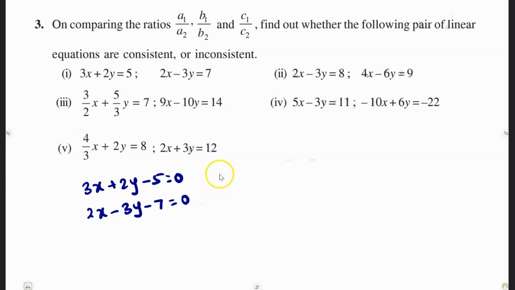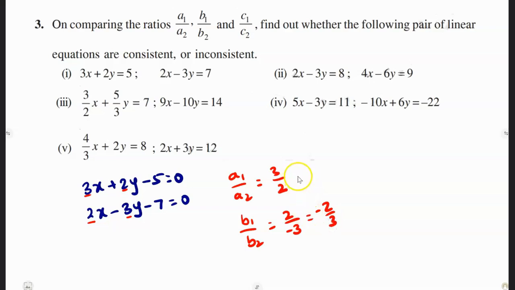Now here we observe a1 by a2. Here a1 is 3, a2 is 2, so a1 by a2 is equal to 3 by 2. And b1 is 2 here, b2 is minus 3, so b1 by b2 is equal to 2 by minus 3, which we can write as minus 2 by 3.